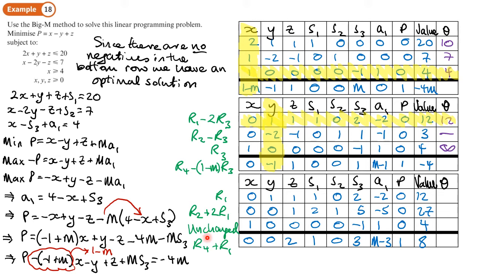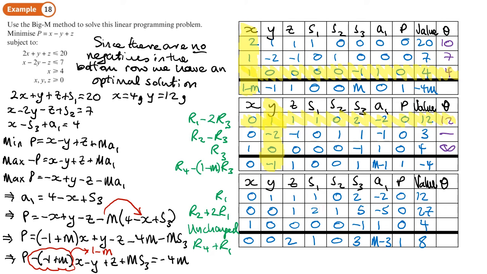Right, so let's write down this optimal solution. So x equals 4. Then we have y equals 12. Z, S1, R0.